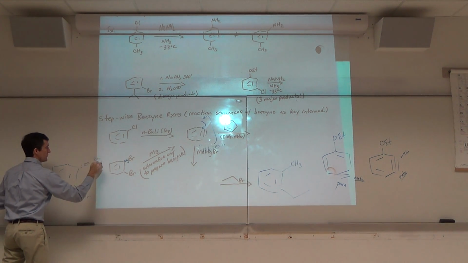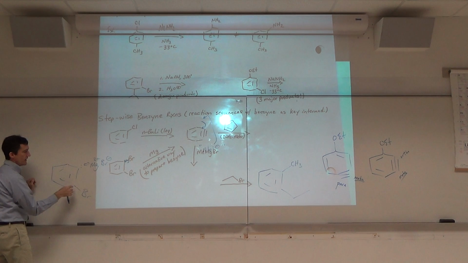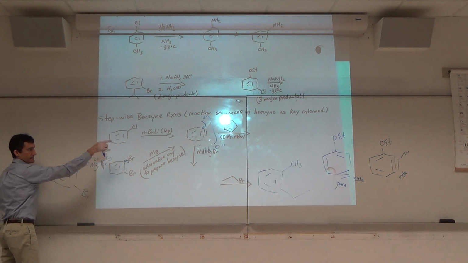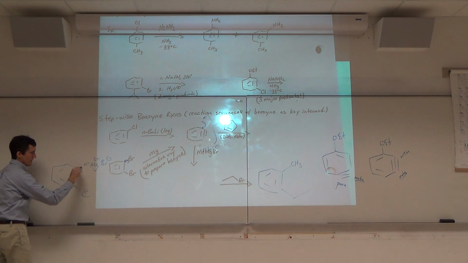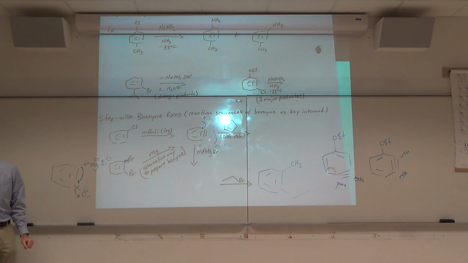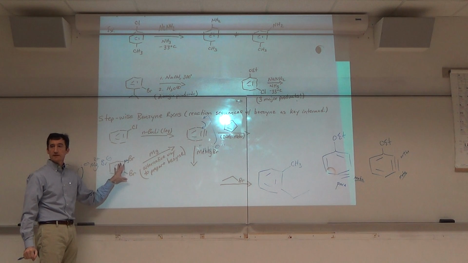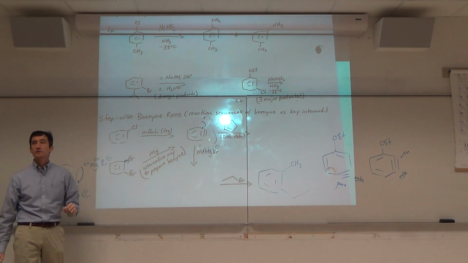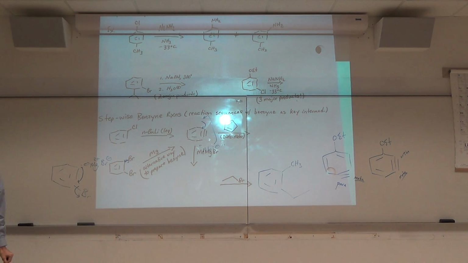Magnesium 2+, bromine minus when you make the Grignard. Now how could this give you a benzyne? Boom. You then eliminate off the other one. That's a tricky way to make a benzyne. You make a Grignard and then it eliminates off the other halogen. See that? Okay, let's look at some synthesis.